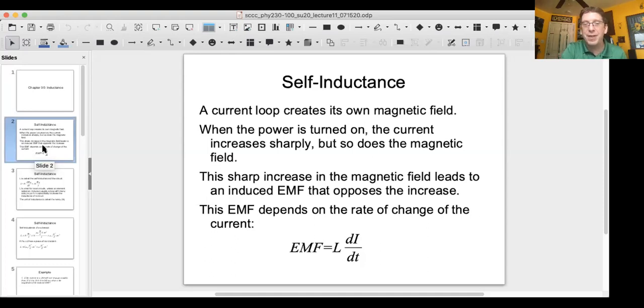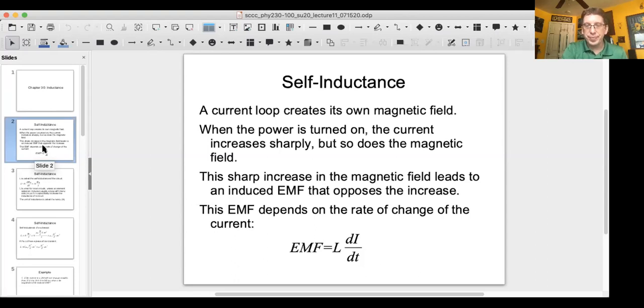So you're going to have an opposition to the increase. And so there are some consequences of that. One is that it's possible to store energy in an inductor, and we'll talk about that in a little bit. Two, that it takes time to build up from 0 to the maximum value.